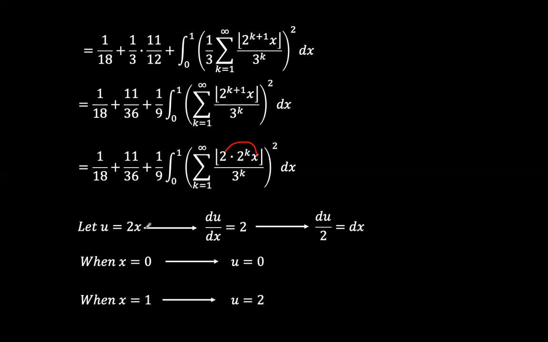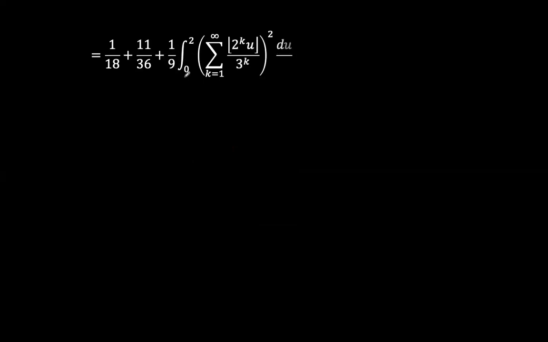is equal to 2. And so our integration now shifts to 1 over 18 plus 11 over 36 plus 1 over 9 times the integral from u equals 0 to 2 of the square of the summation of k equals 1 to 2 of the floor function of 2 to the power k u over 3 to the power k times du, obviously du over 2.